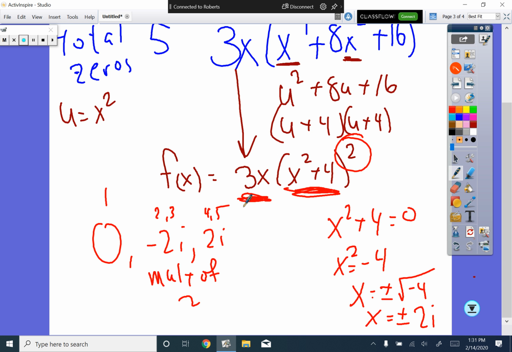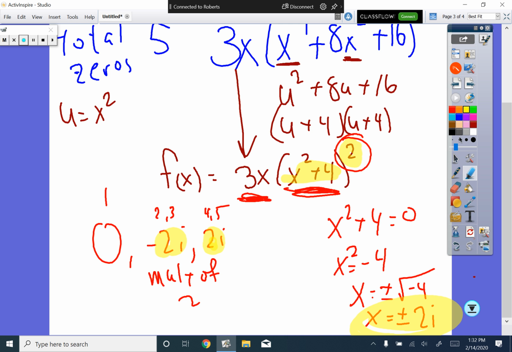So what happens because you have the x squared plus 4 squared? Okay, so I found the zeros within the x squared plus 4, which we found to be plus or minus 2i, agreed? So those are still my zeros, negative 2i and 2i. There's 2 of them, but where's the other 2? Because it's squared, they're each a multiplicity of 2.